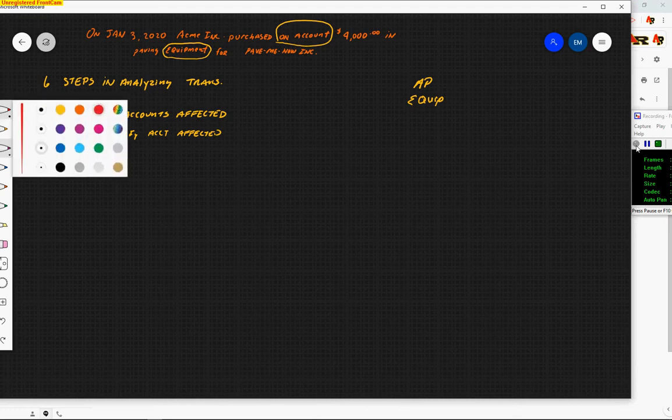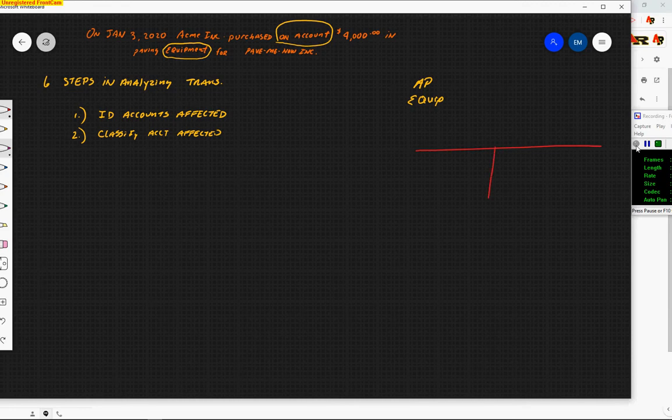It might be the last one you ever draw, huh? So we have assets equal liability plus owner's equity. And we know we have assets over here. We have liabilities, which would be, say, accounts payable. And we have our capital accounts and the temporary accounts that are inside of there.